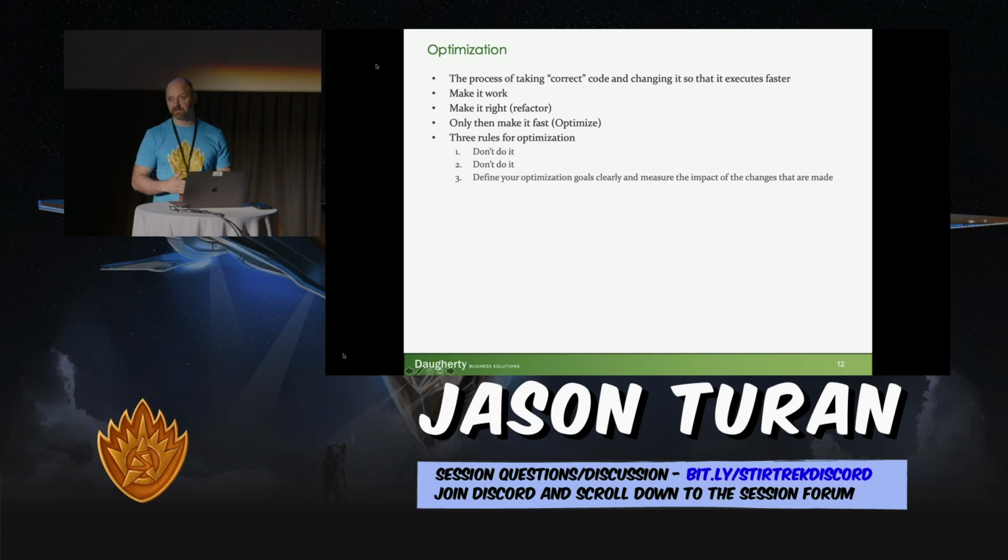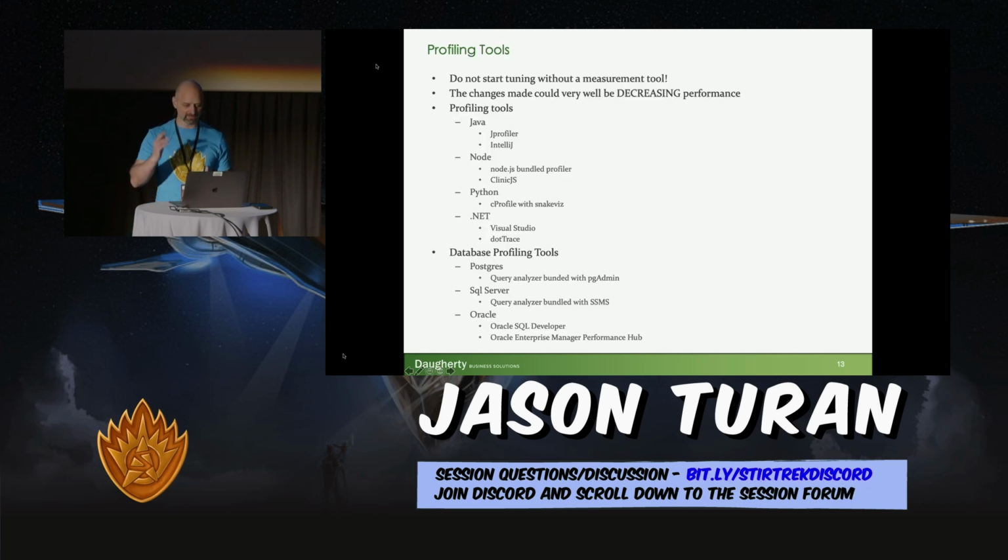So definitely have some kind of goal and get a tool to measure against that goal. Every platform has a profiling tool of some sort, so take your pick as far as which one works best for you. But pick a tool, please. Don't just go randomly changing the code. You could well be making it worse, right? There's no way to know.